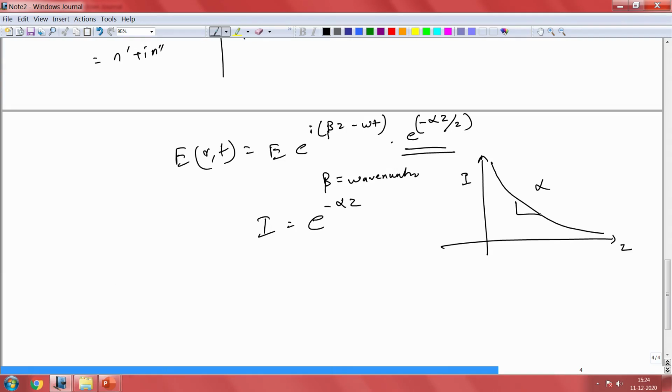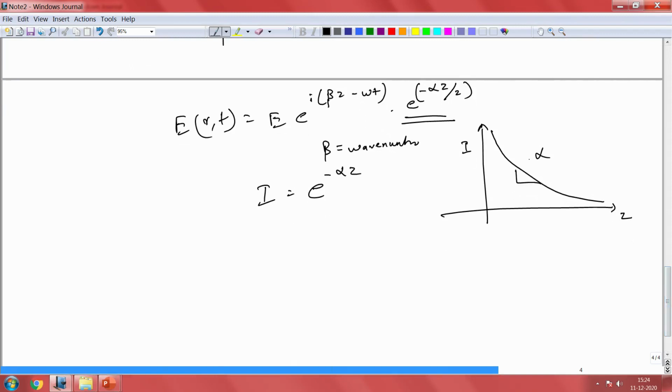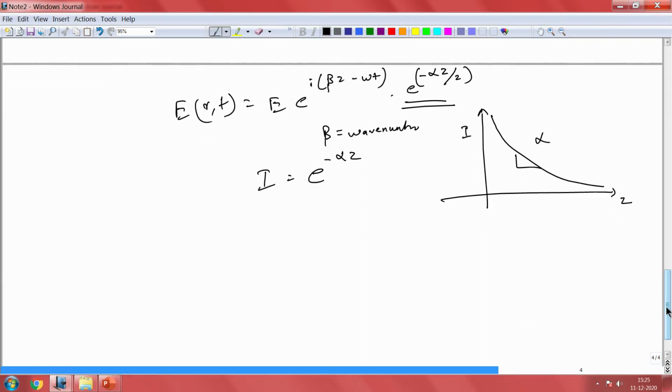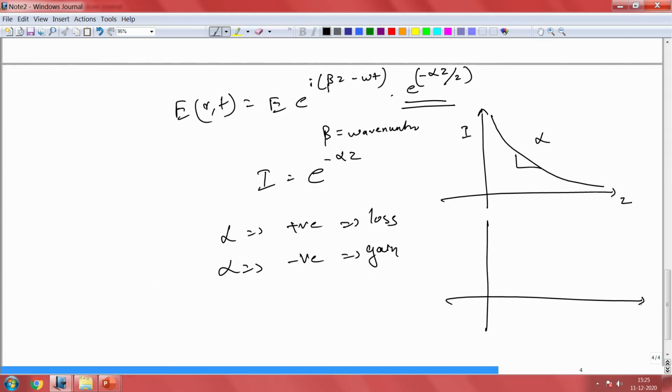Now the sign of alpha: here I kept it positive, so I am writing it as decaying. What happens when it is negative? When alpha is positive, you get loss. When alpha is negative, you get gain, and your intensity would increase as you move along.